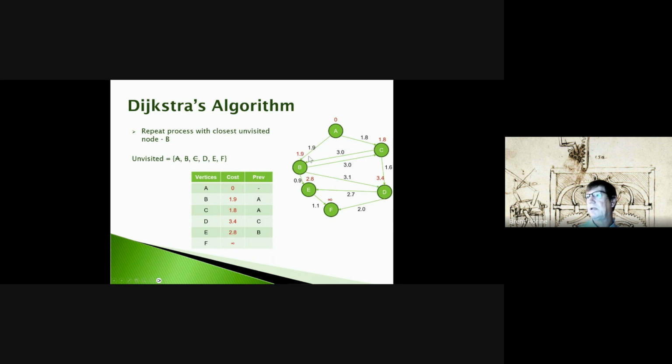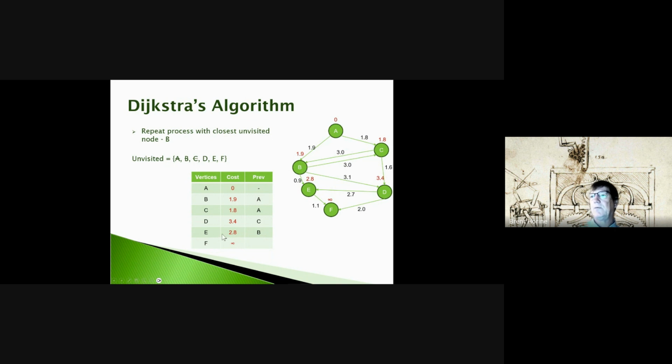But it will cost us to get to E. Well, that one was infinity, so now certainly this one's going to be smaller, so it's 1.8 plus 0.9 or 2.8 to get to E. Right, so we update that and we put in the previous node B there, right?